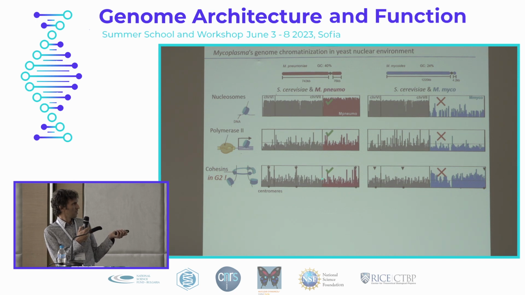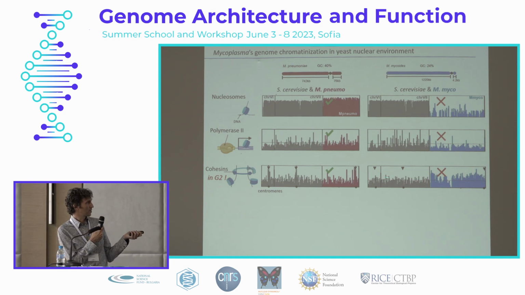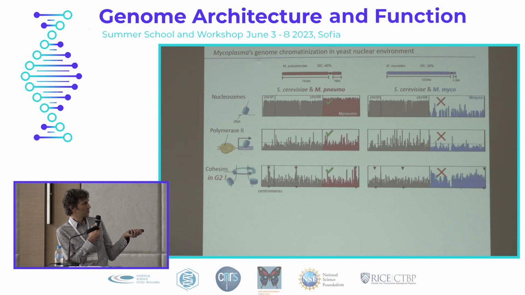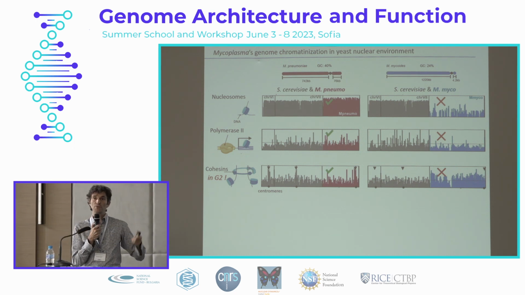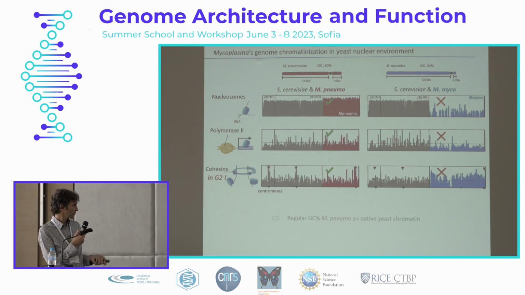There is also cohesin organization along the M. pneumo genome with enrichment at centromere. On the M. myco genome, which is AT-rich, you don't see any peak at centromere, and you actually deplete the cohesin from the centromeres of the native yeast chromosomes, but you can see an enrichment of cohesin along this bacterial genome.